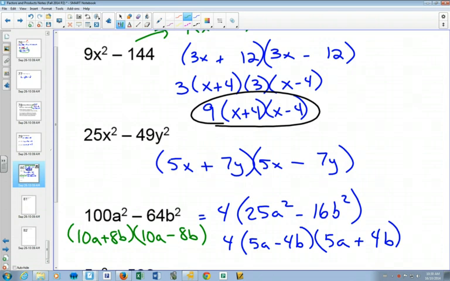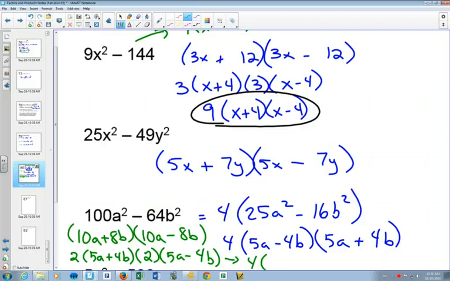I can pull out a 2, leaving me with 5a plus 4b. And in the second one, I can pull out a 2, leaving me with 5a minus 4b. And my 2s would go together to be a 4, and you'd get exactly the same answer as before.